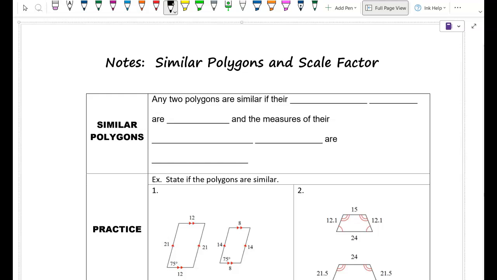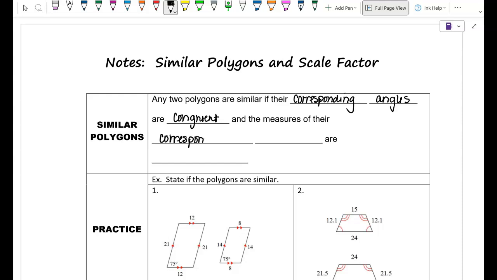any two polygons are similar if their corresponding angles are congruent and the measures of their corresponding sides are proportional.